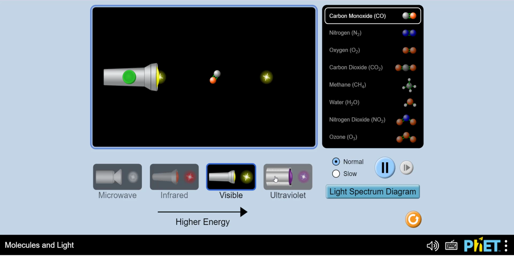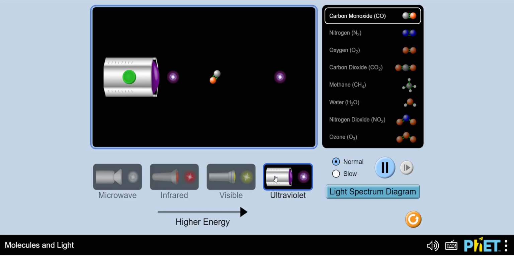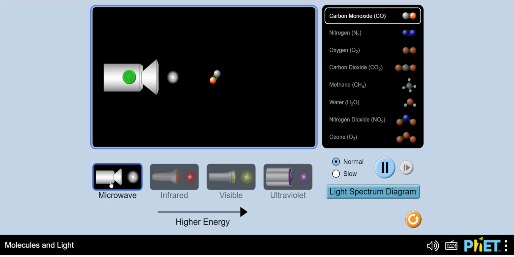Switching to ultraviolet. So we've seen all 4 types of radiation with the carbon monoxide molecule. You can go back and watch any of them if you need to. I'm going to switch now back to microwave and move to nitrogen.